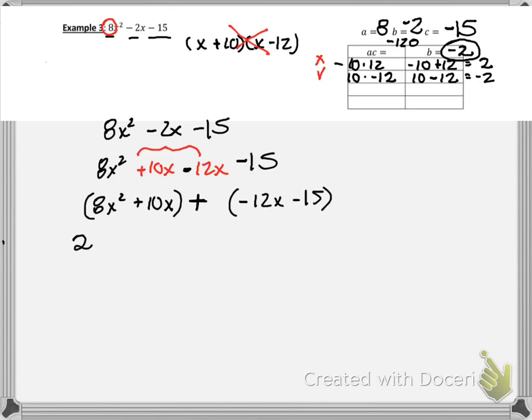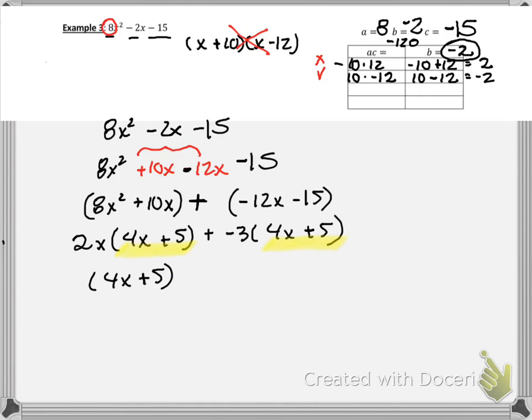If you need more practice or more help with factoring by grouping, please go back and watch those videos that I've already posted. Okay, so we've achieved our goal here. These are the same. So I'm going to pull out 4x plus 5. And then what's left over here is 2x minus 3.